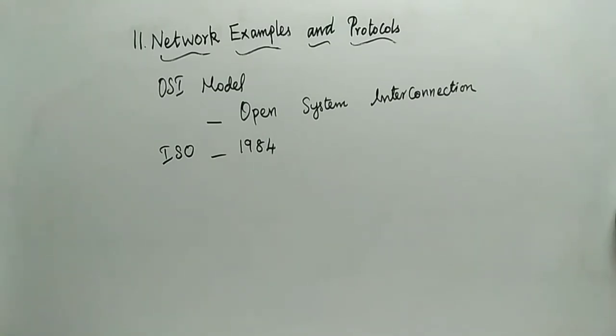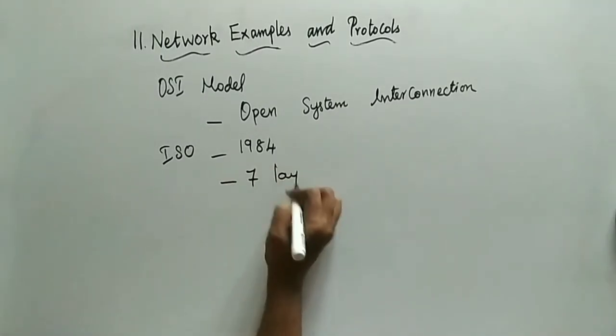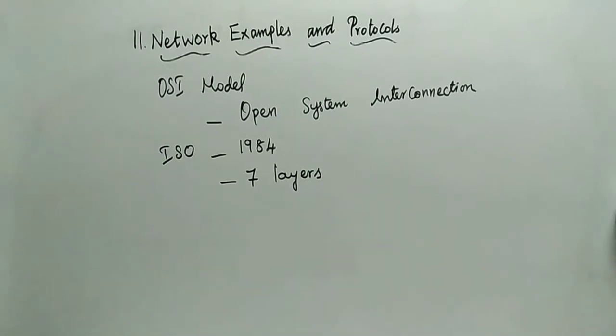This architecture is going to have 7 layers. Each and every layer has a different architecture, and each layer has specific functions to perform.